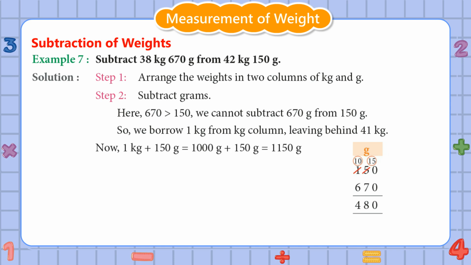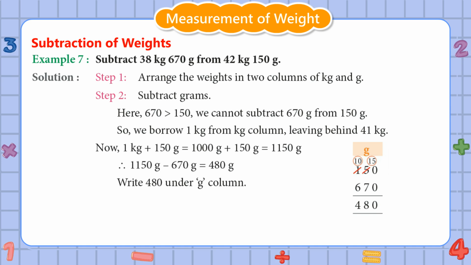Now, 1 kilogram plus 150 grams is equal to 1000 grams plus 150 grams. It is equal to 1150 grams. Therefore, 1150 grams minus 670 grams is equal to 480 grams.